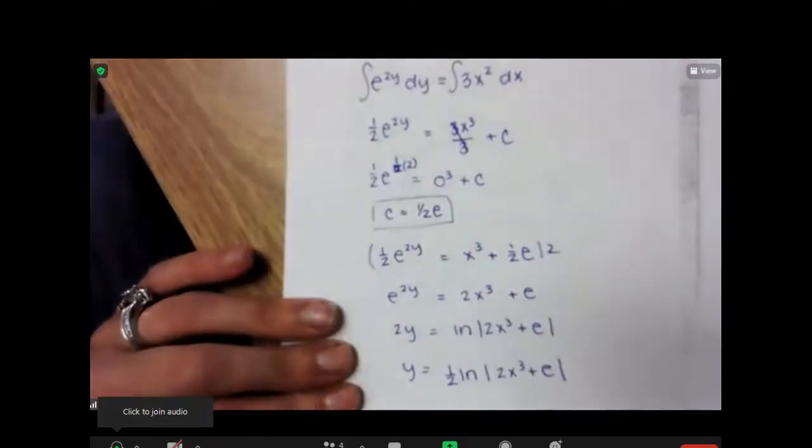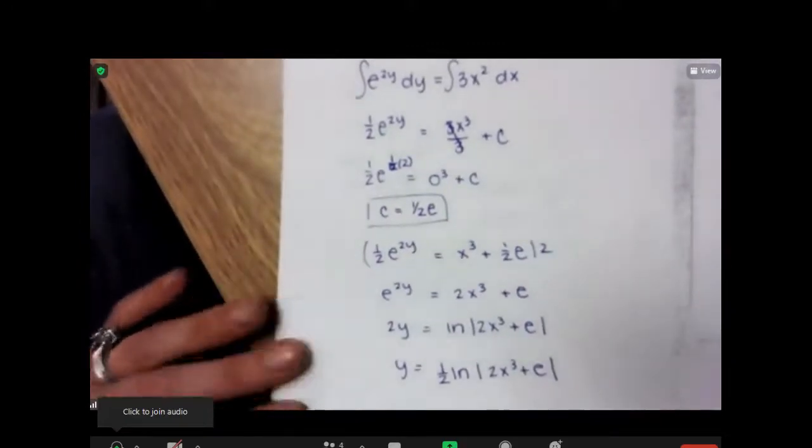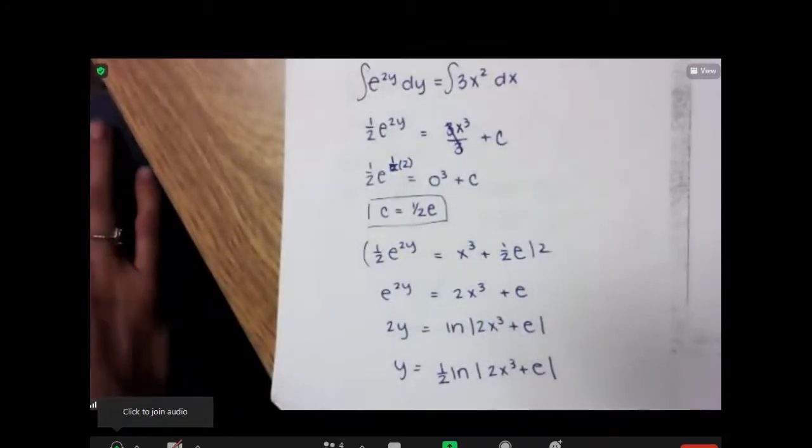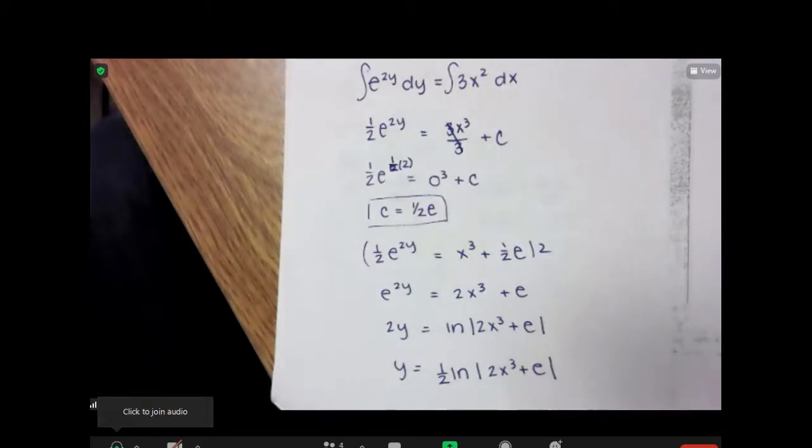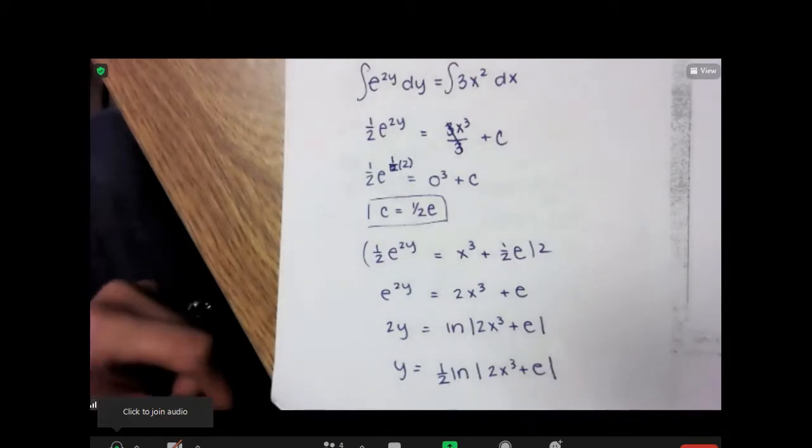Now look at their work and your work and see if you made any mistakes. And this would probably be a 3 or 4 point question on the AP test.